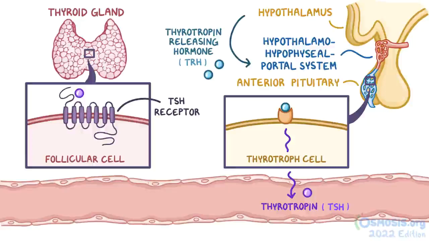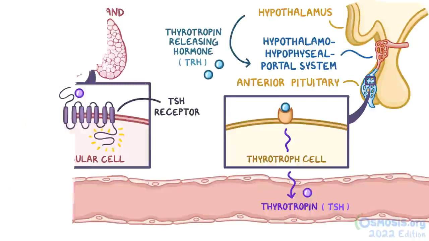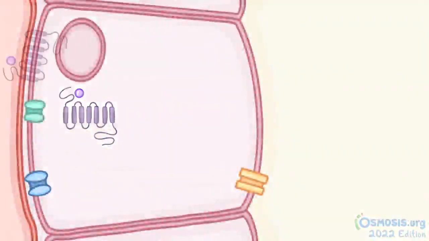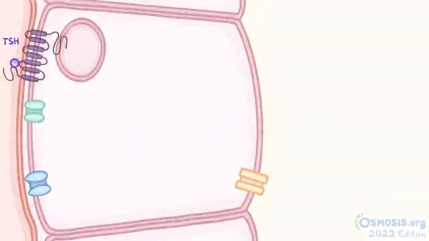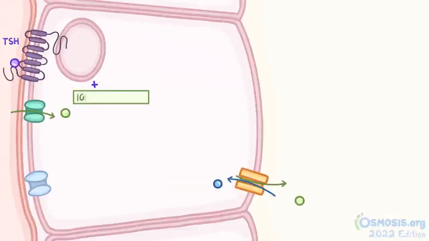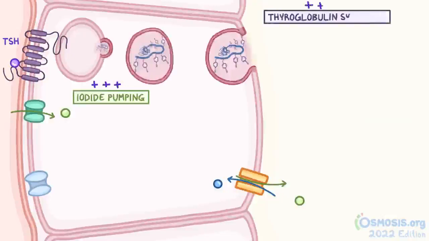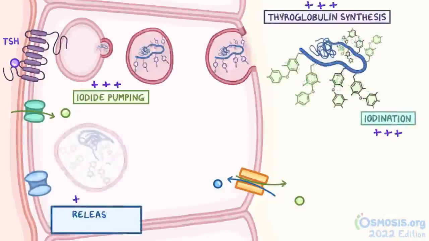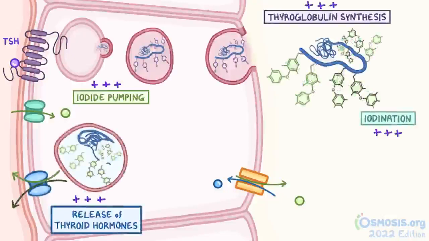The end of the protein within the cell activates intracellular proteins. When TSH binds to the TSH receptor, it goes on to promote every aspect of T3 and T4 production, including iodide pumping, thyroglobulin synthesis, iodination, and release of thyroid hormones into the bloodstream.